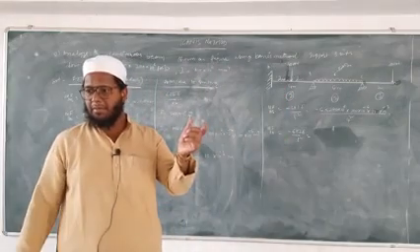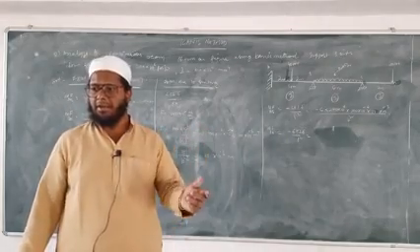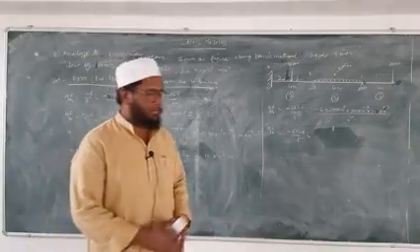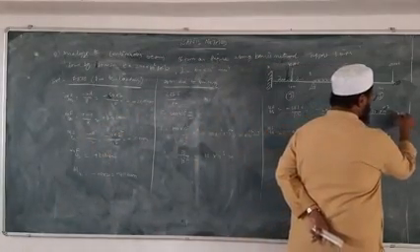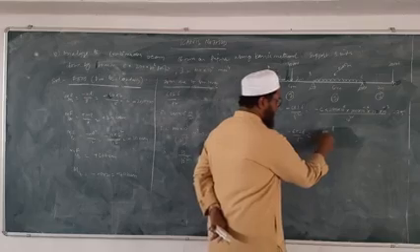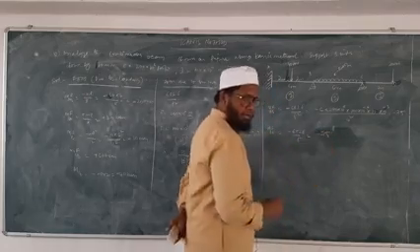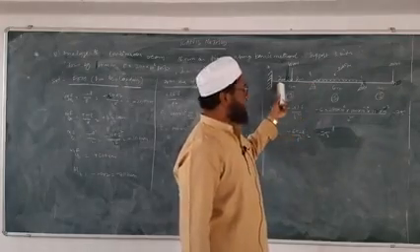Yes, 10 mm. If you convert it to meter, 10 into 10 power minus 3, right? Not 0.1. So this is minus 75 and this will also be minus 75 only.